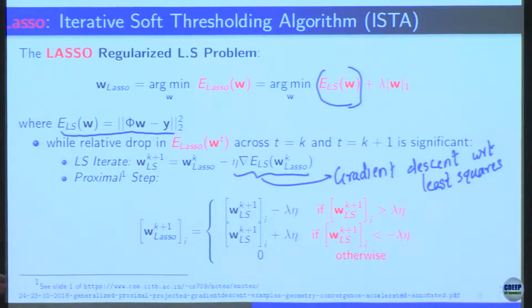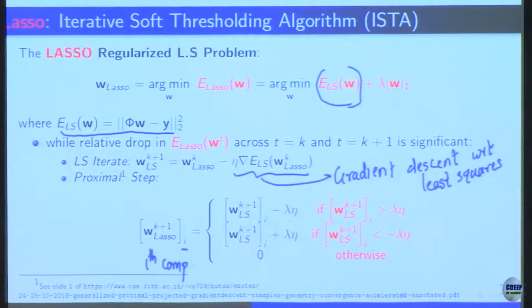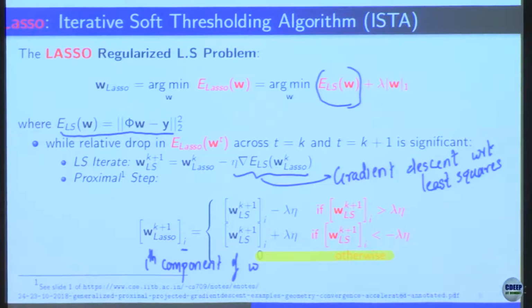But let's look at what the algorithm gives you. It says that the k plus 1 Lasso iterate at coordinate i, this is the ith component of the W, is obtained as 0. So let's look at this case. It is 0 if the following holds.